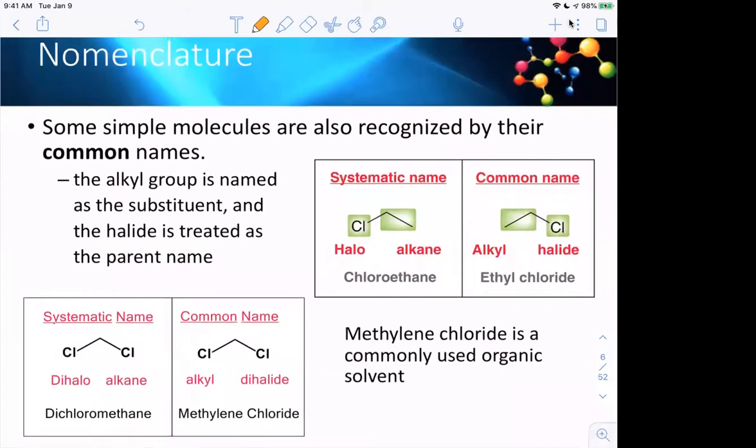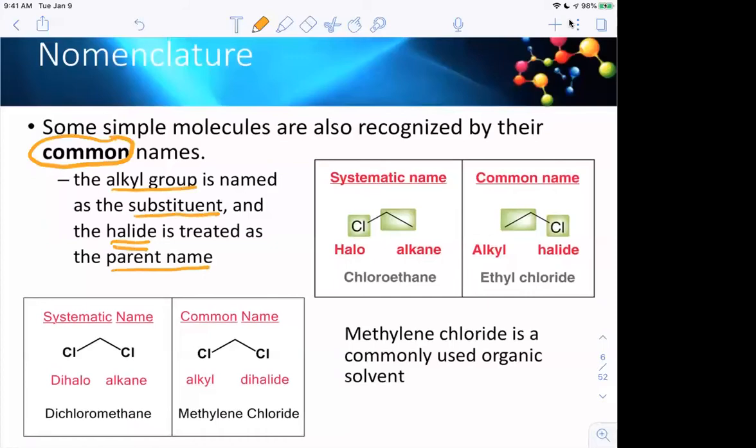So just when you feel comfortable with this, recognize that alkyl halides, when they're simple molecules, are also widely recognized by their common names. The common name is where the alkyl group is named as the substituent and the halide is treated as the parent.